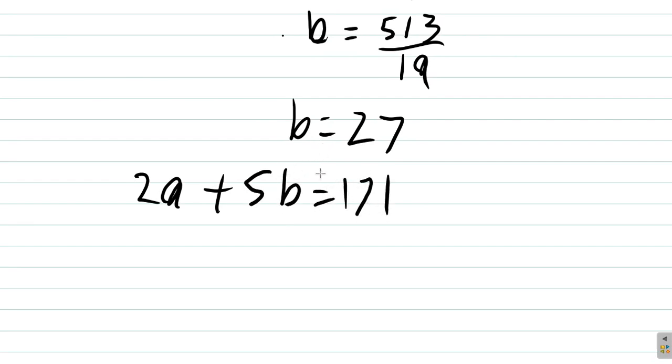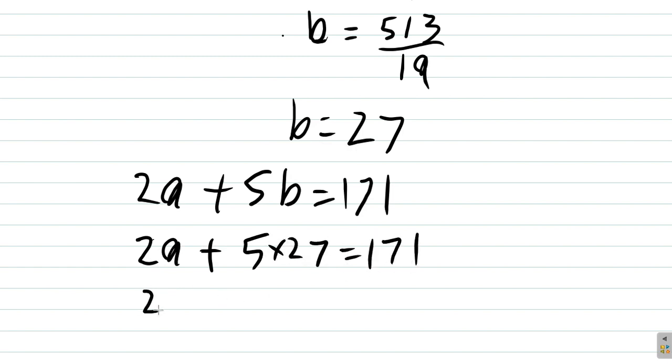We substitute b here because we know what b is. B is 27. So we have 2a plus 5 times 27 equals 171. So 2a plus 5 by 27 is what? 135 equal 171, right?